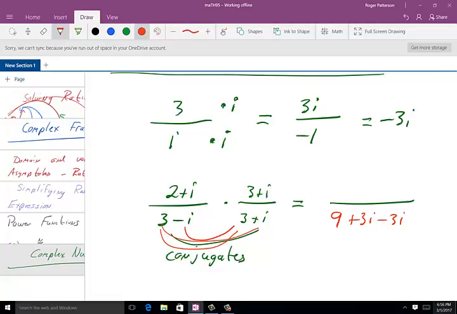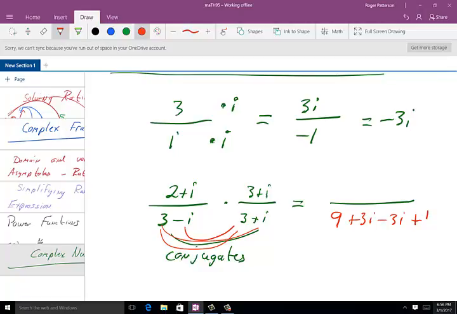But we still have i times i. So what was that again? -1. Okay, so we have a negative i squared, which is -1. So that means really, instead of being a -1, it's going to be +1.